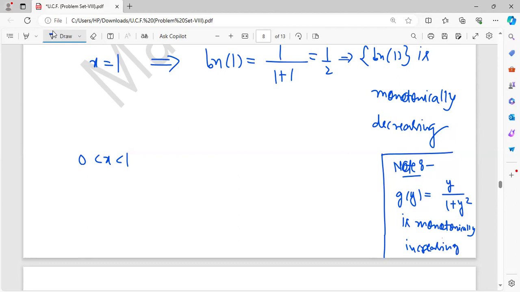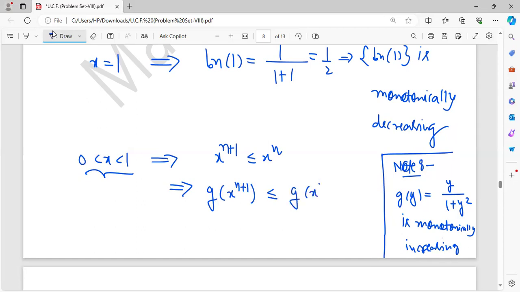Then because x is in this range, we have x to the power n plus 1 will be less than x to the power n. In that case, what will happen? g(x to the power n plus 1) will be less than g(x to the power n).